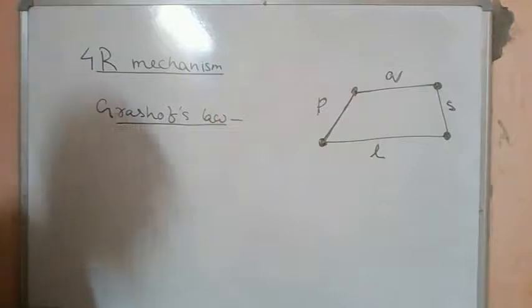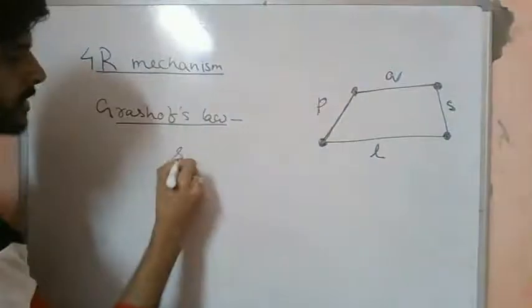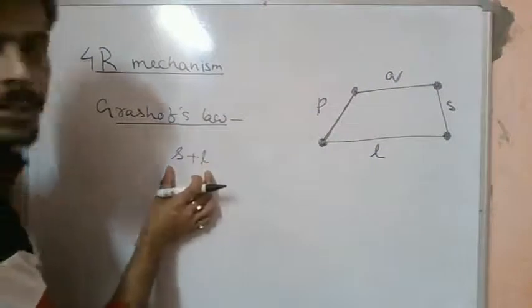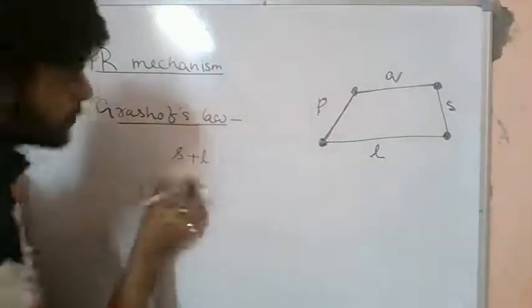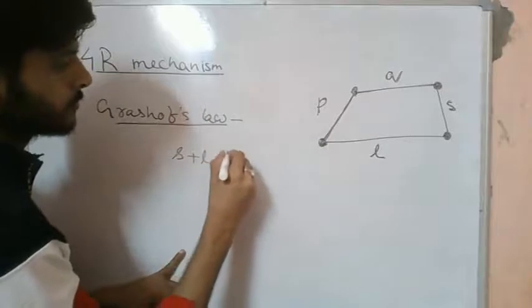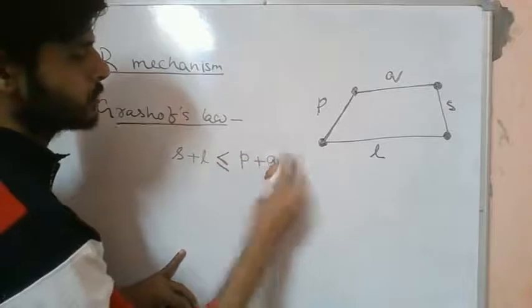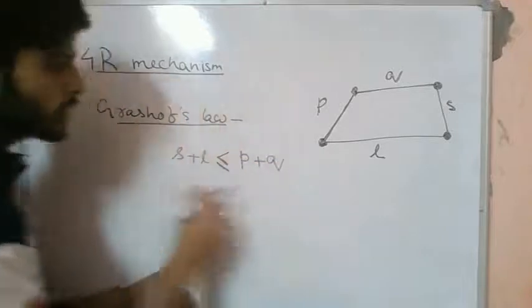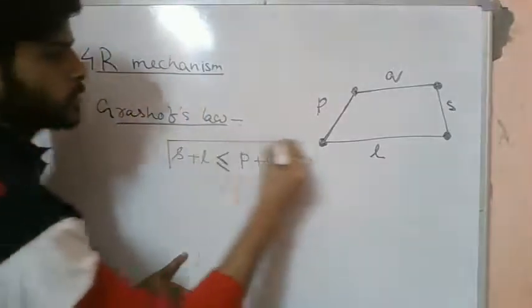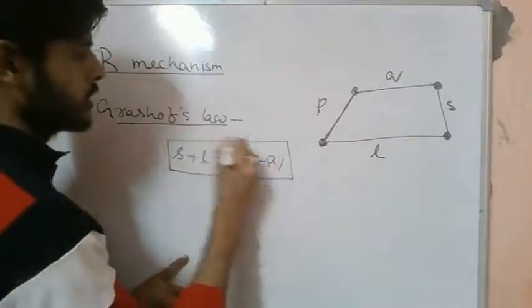Grashof's law states that if the sum of the lengths of the smallest and the longest link, S plus L, is less than or equal to the sum of the lengths of the other 2 links, then this is the Grashof criterion.